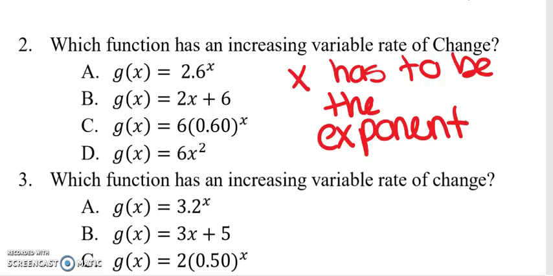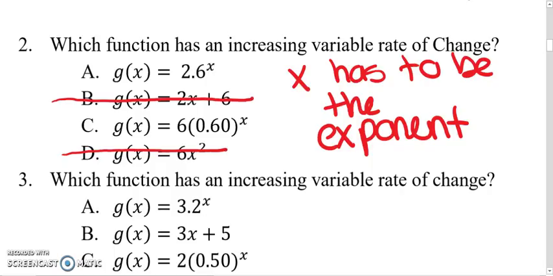That's actually a linear function, which would be a constant rate of change. So it is not an option we are looking for. Next, if we keep looking down the list, we notice that D is 6x squared. Although it does have an exponent, the exponent is not x. It's actually 2, which makes it a quadratic, thus eliminating it as a possible answer.